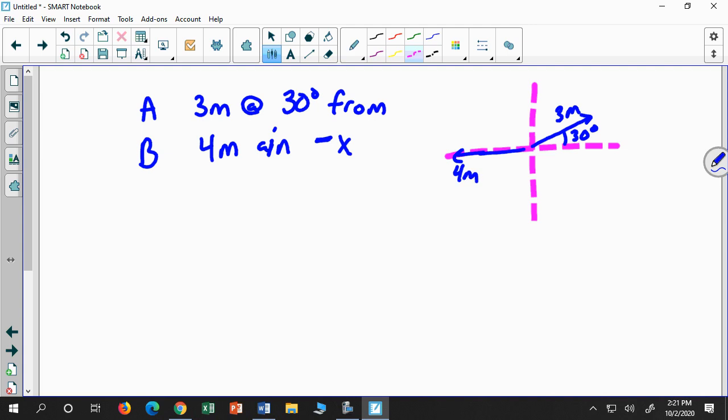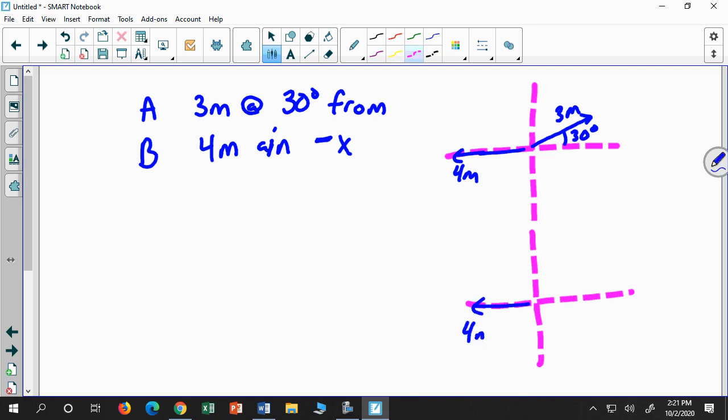Draw the vectors, resolve the vectors, add x and y components, and then find the magnitude and direction. Those are the 4 steps that we did with vectors. That was true for chapter 4 too, when we did the inclined plane with applying Newton's second law. So I'm going to go and resolve the vectors into their x and y components.